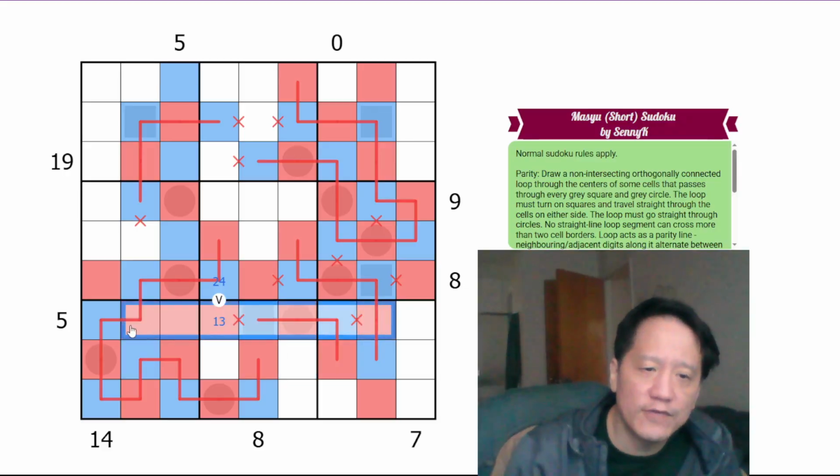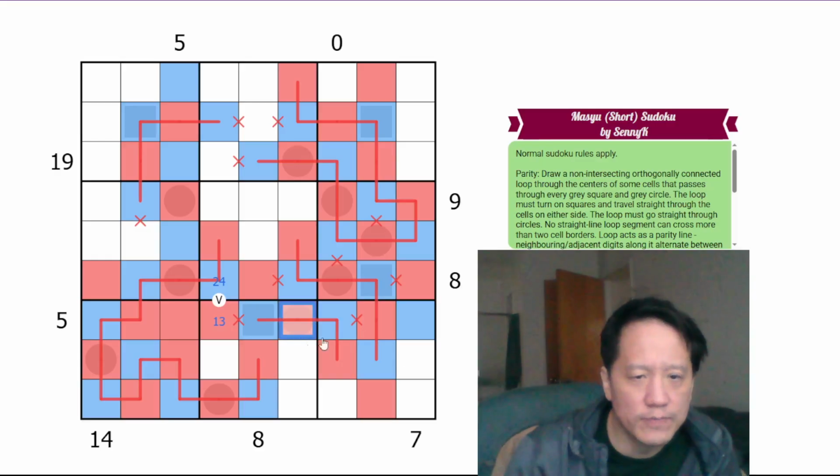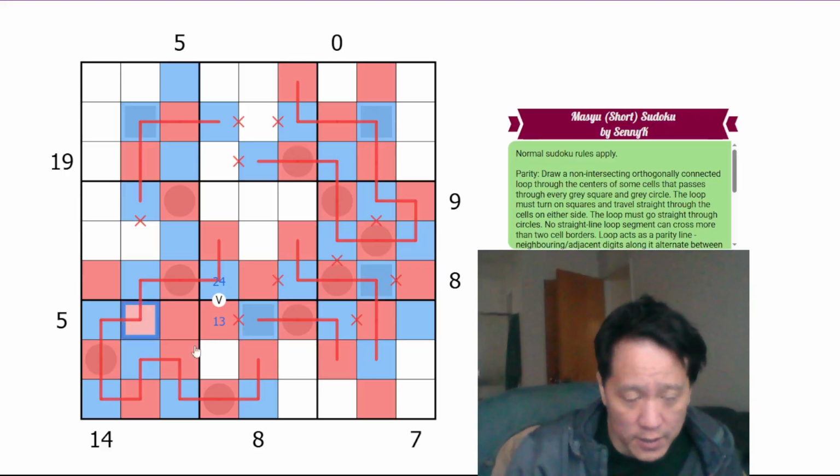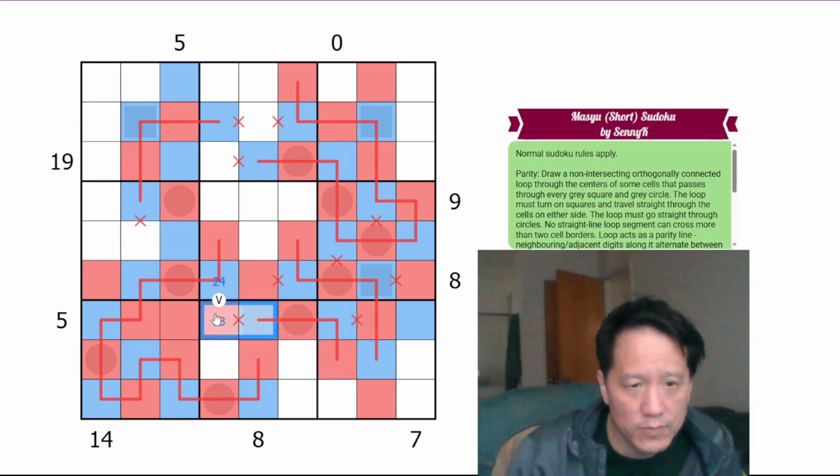We have 5 odds in row 7, so the last digit must be even. To be between 1 and 9, you have to have an odd and an even digit, or an odd digit. Well, you cannot have odd and even, except for this scenario.